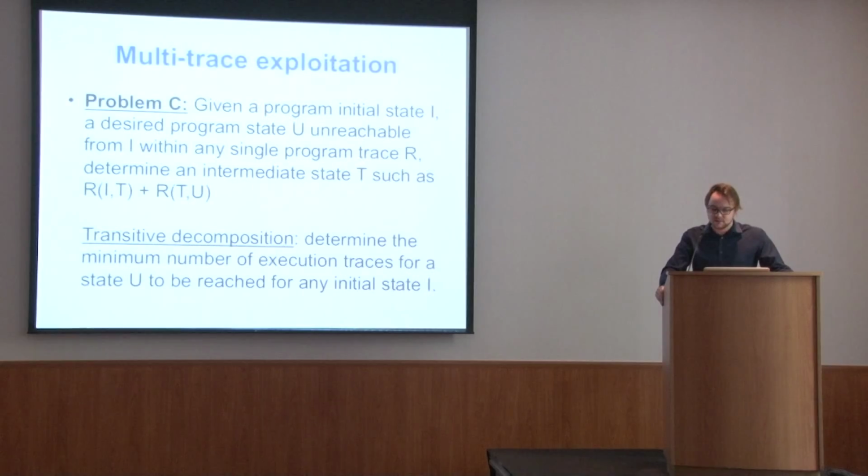The third problem is what I call multi-trace exploitation. Most of the time, an exploit is not just one straight trace. You have to execute one thing, corrupt the program, and then there is a corrupted state lying somewhere in the program.